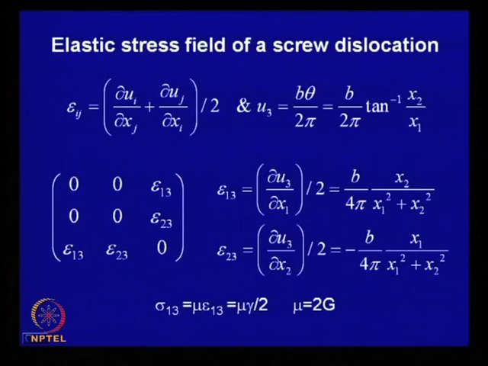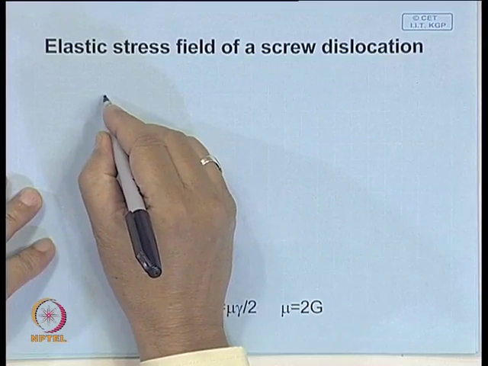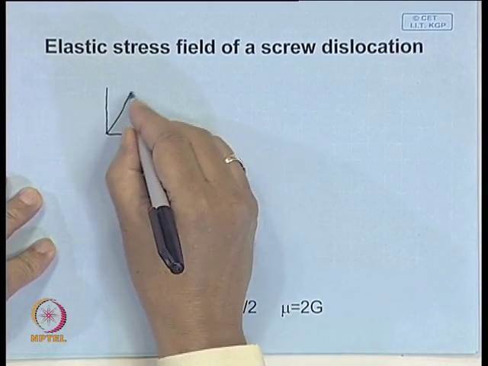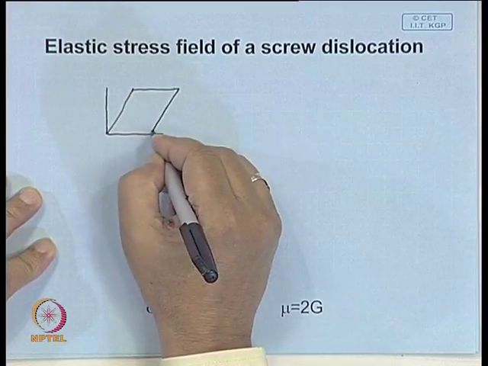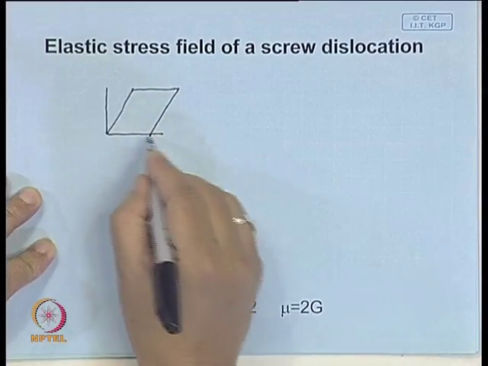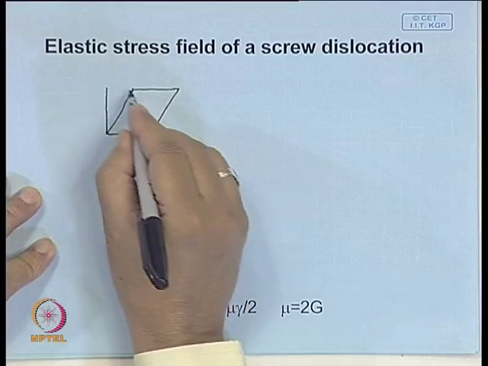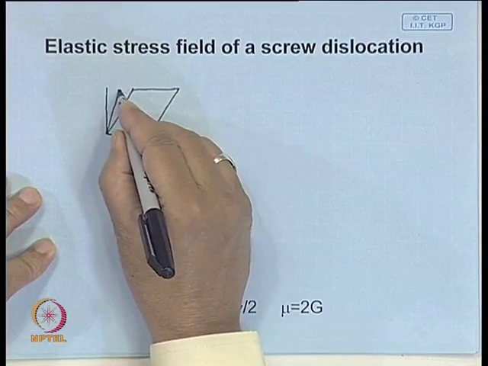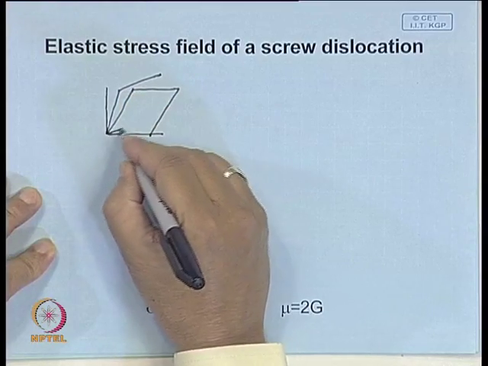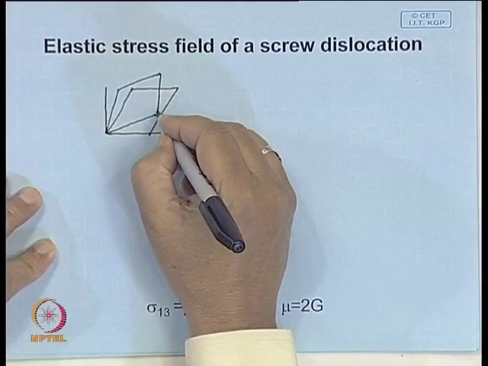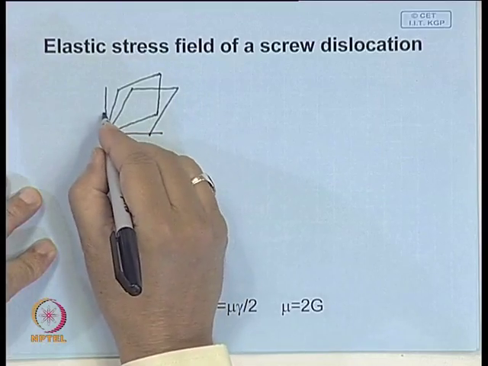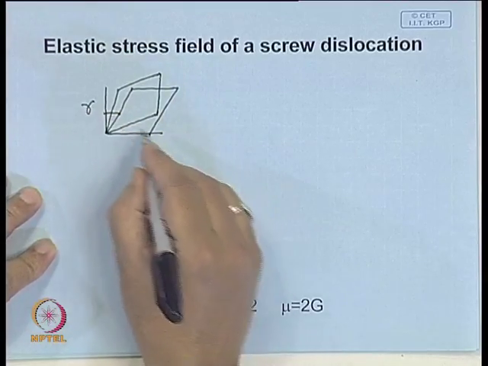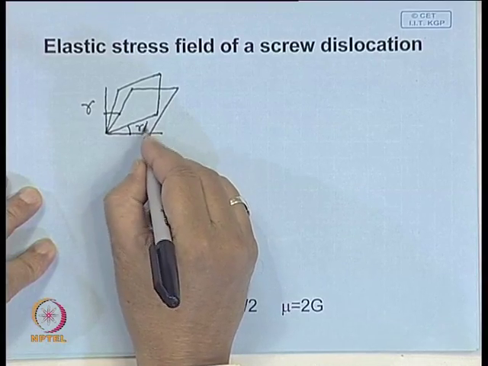So, one, we have seen that this is pure shear, and this is simple shear, the process of slip. Now, if you rotate it like this, so here this is gamma, whereas if you rotate it, it is gamma by 2.